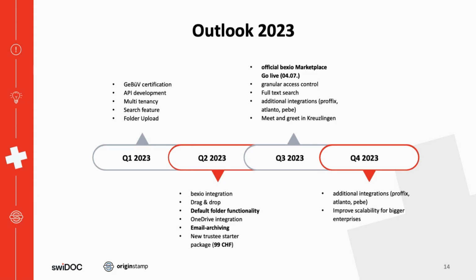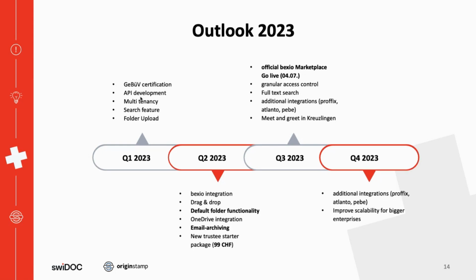In the second quarter, now we're getting to the end. We have finished the bexio integration, drag and drop features, the functionality of default folders, as well as a OneDrive integration where you can mirror your OneDrive structure.